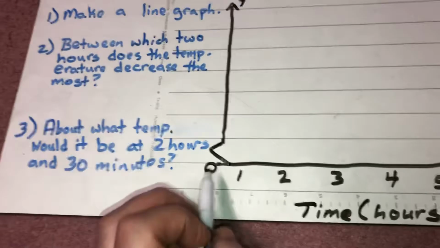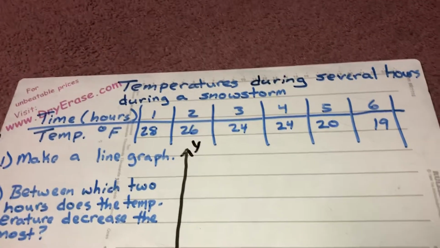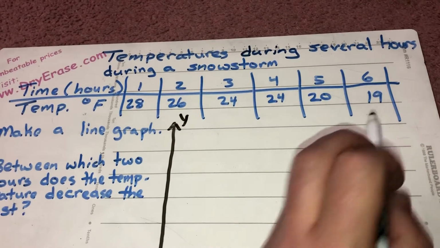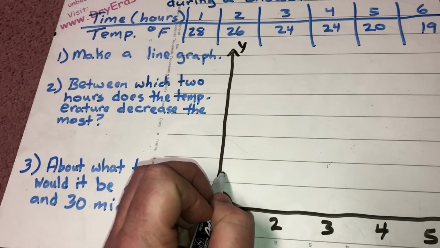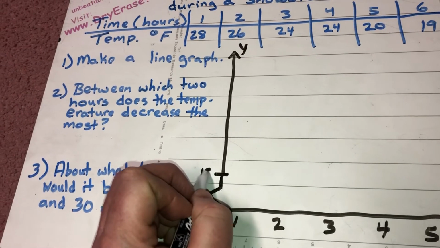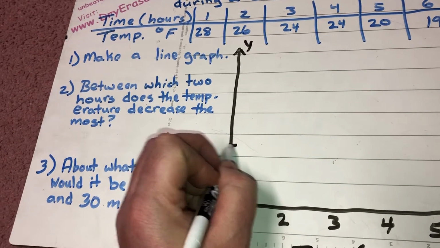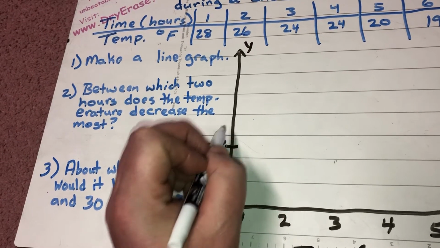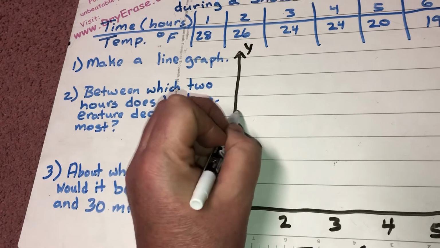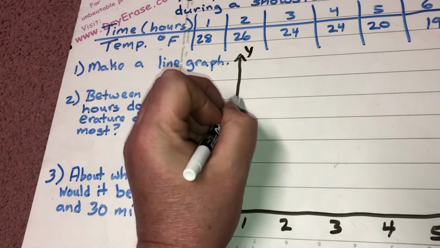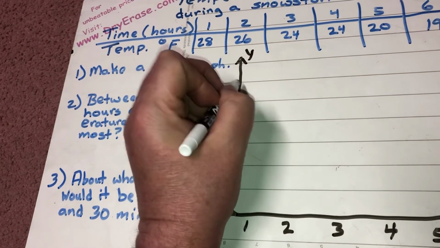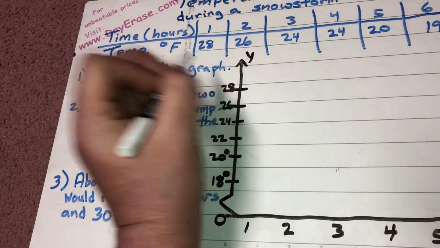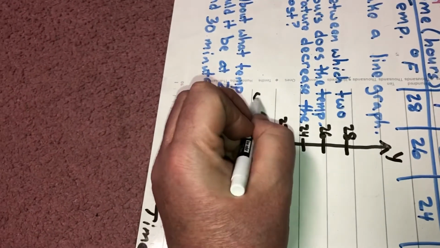I've got numbers here, and my lowest is 19. So I'm going to say 18 degrees, 20 degrees, 22, 24, 26, 28. And I'm going to go ahead here, degrees Fahrenheit.